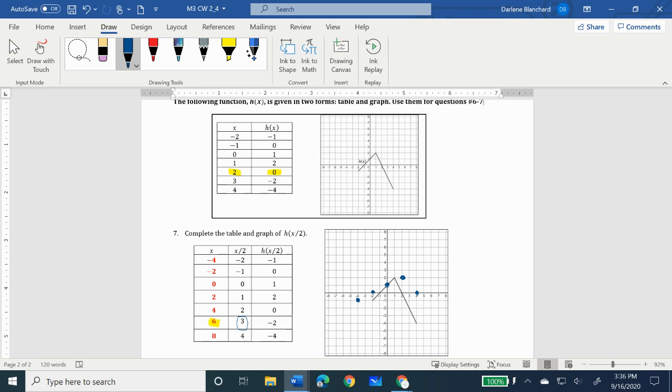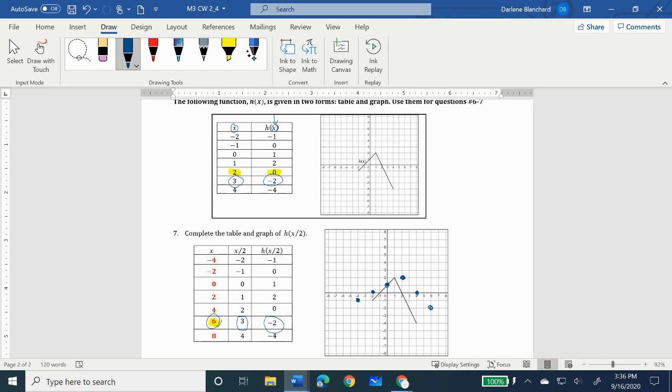Okay. 3 walks in to the kingdom of h, and h says I will give 3's that come in negative 2's. That means when I have x equals 6 on the graph, the y value will be negative 2.